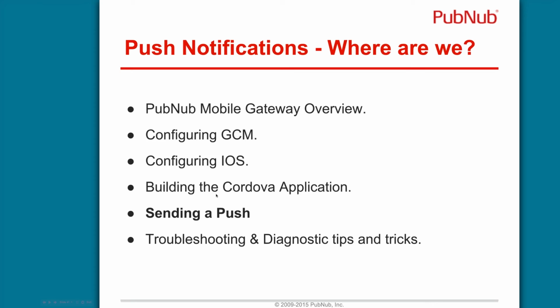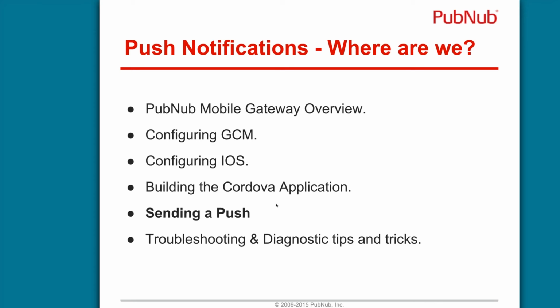We built a Cordova application that has very little dependency on PubNub, but that application does boot up, retrieves a registration ID from the various service providers, and then registers that registration ID with PubNub channels. In our case, it's just the Cordova push channel. And what we're saying is that whenever there's a push notification sent on that channel, I want this particular device to receive it.